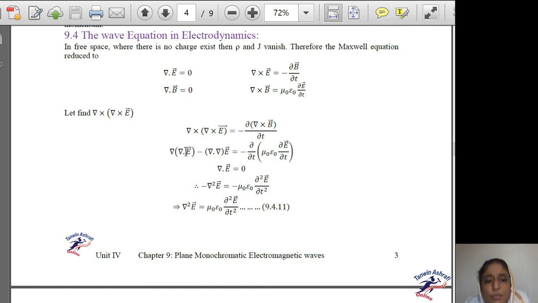As you know, del dot E from above is equal to 0. So what remains is minus del squared E, and minus sign del by del t over here, del by del t over here will make a square, so mu naught epsilon naught del squared by del t squared of E. Minus gets cancelled. We will result in del squared E is equal to mu naught epsilon naught del squared by del t squared of E.